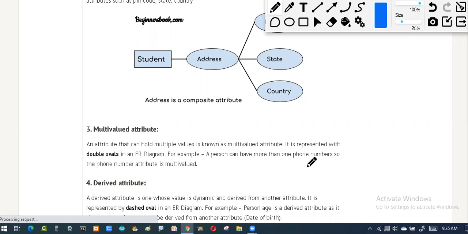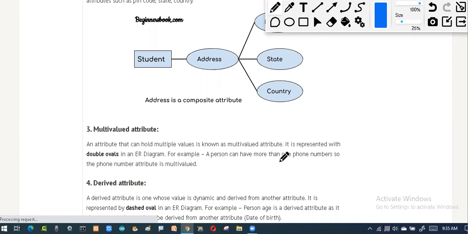So in our case, if I say something called contact, I'll draw double ovals over here and say that it is a multi-valued attribute. Here you can see a person having more than one number, so we call phone number a multi-valued attribute.